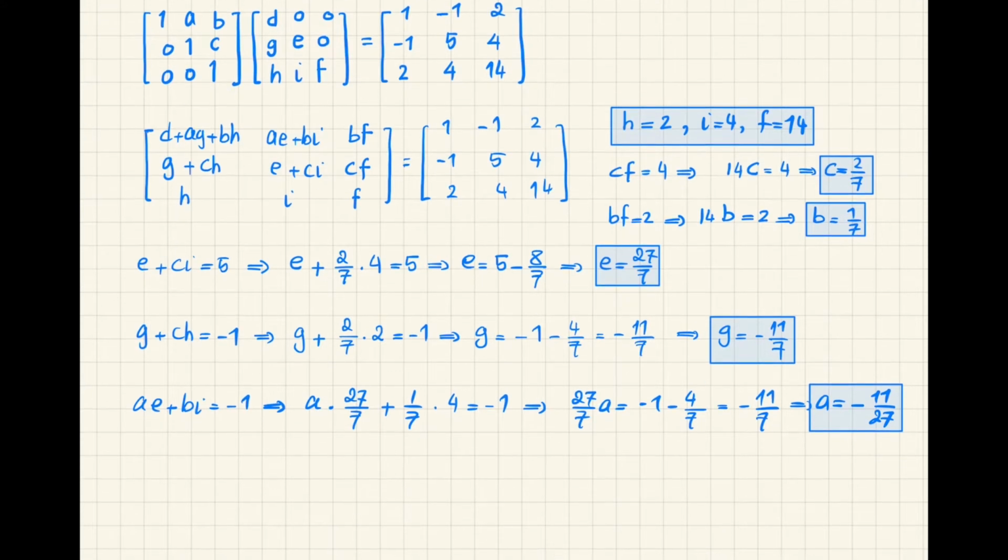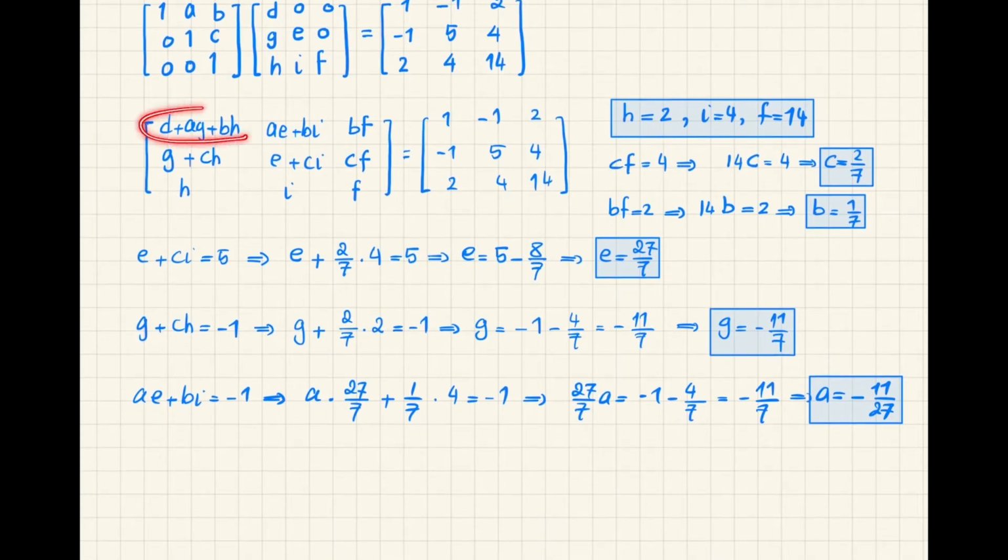Okay. And then finally, I will start comparing this one with that one. So D plus AG plus BH is supposed to be equal to 1. So this implies that D plus, I know A is minus 11 over 27 multiplied by G, which is another minus 11 over 7 here, plus B is 1 over 7 and H is 2, this answer is supposed to be equal to 1.